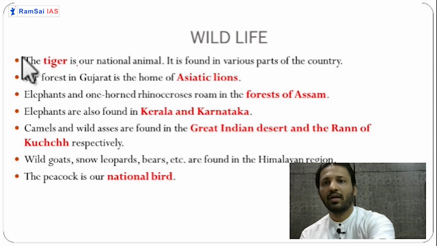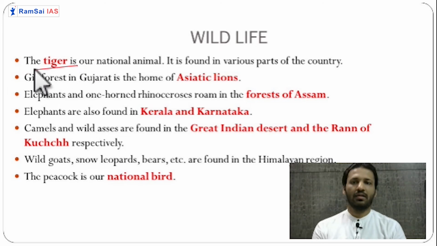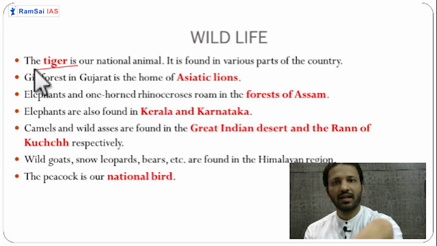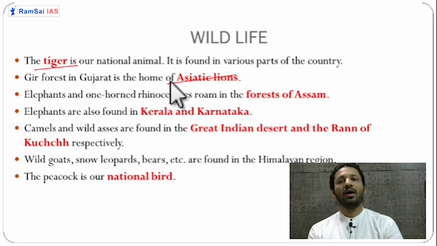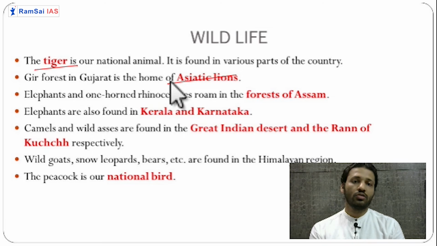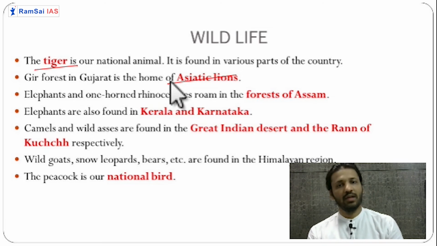Our national animal is the tiger. Asiatic lions are found in the Gir forest in Gujarat. One-horned rhinoceros and elephants are found in Assam and many states in the northeast.